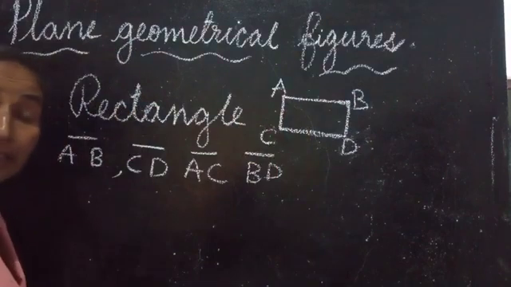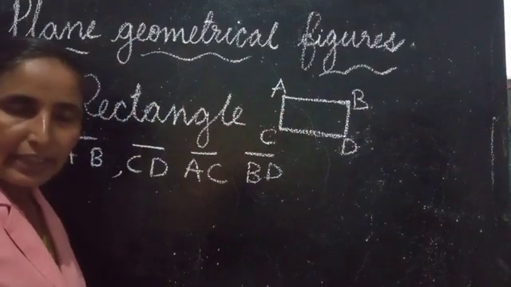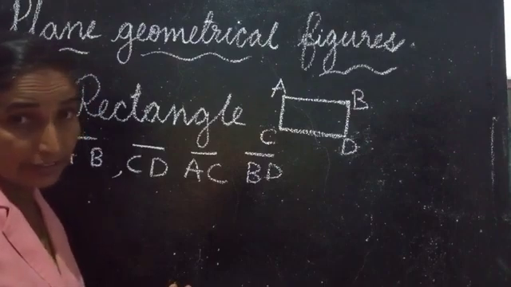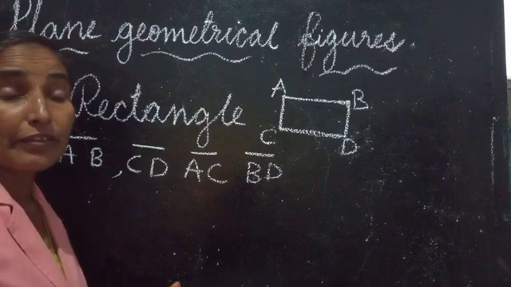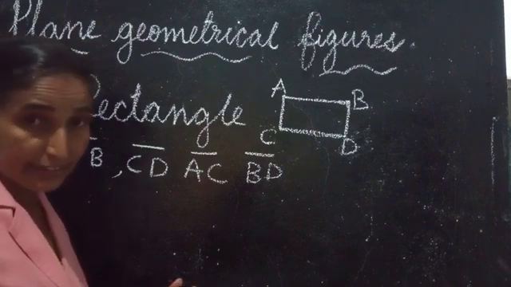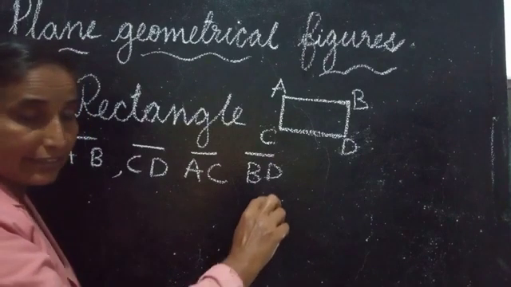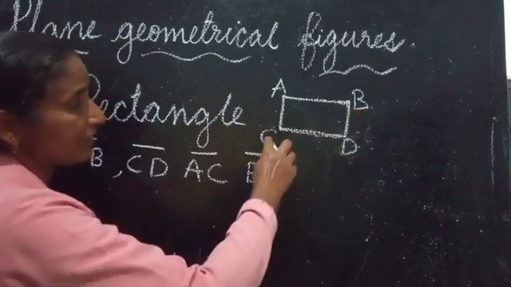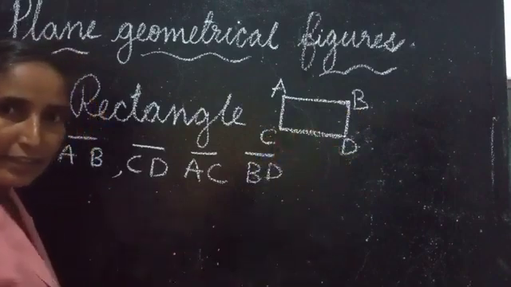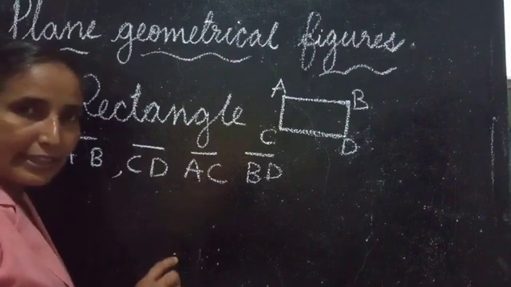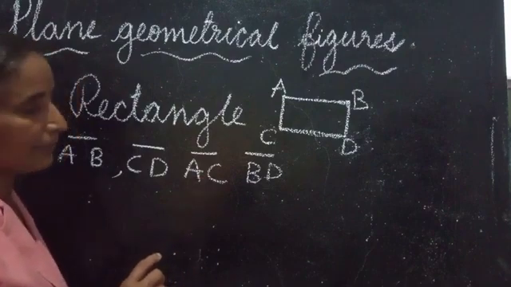Corner has another name, vertex, and the plural is vertices. So, a rectangle has 4 vertices. Which are the vertices? A, B, C, D. What is the name of this rectangle? Rectangle ABCD.